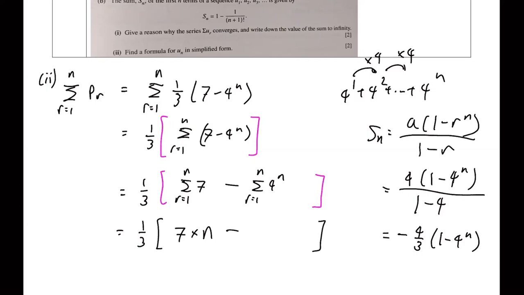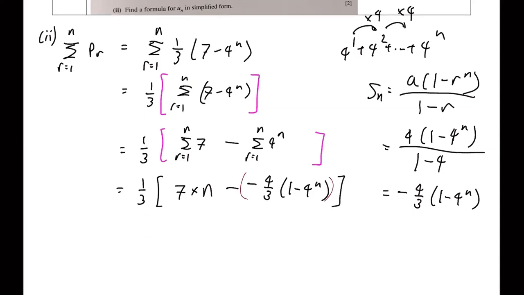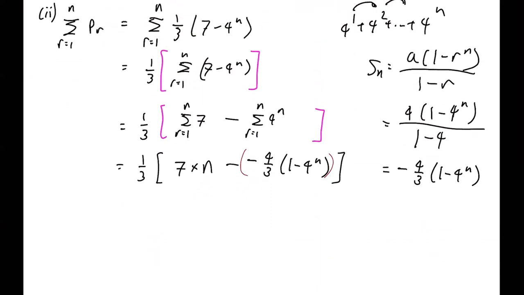Then you can just sub in. So take note, there's already a minus sign here. Then this guy goes in. So you have double negative. You need a pair of brackets. Of course, double negative will cancel off. You become a positive.